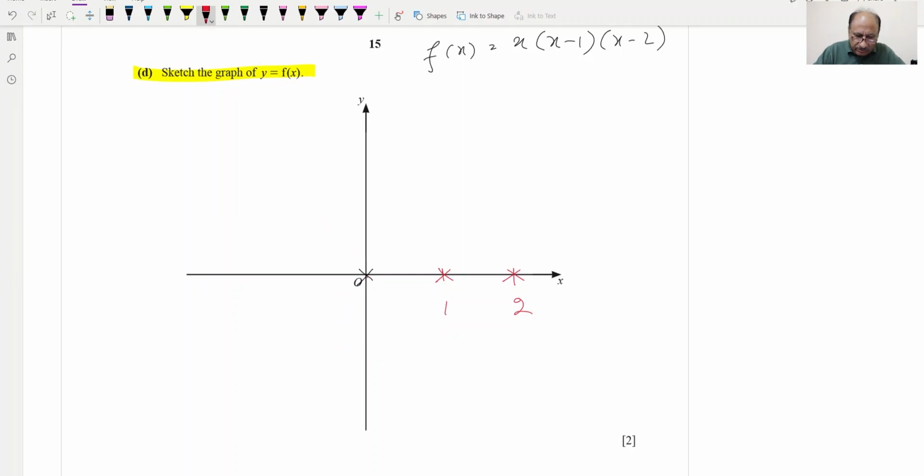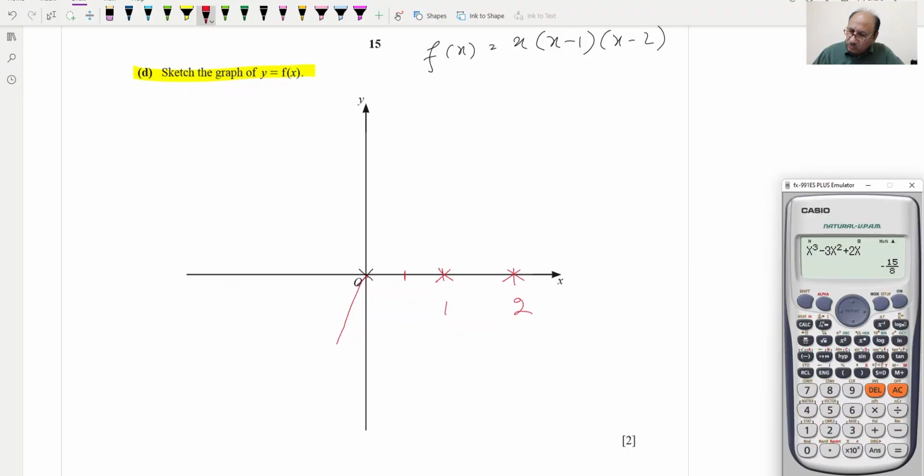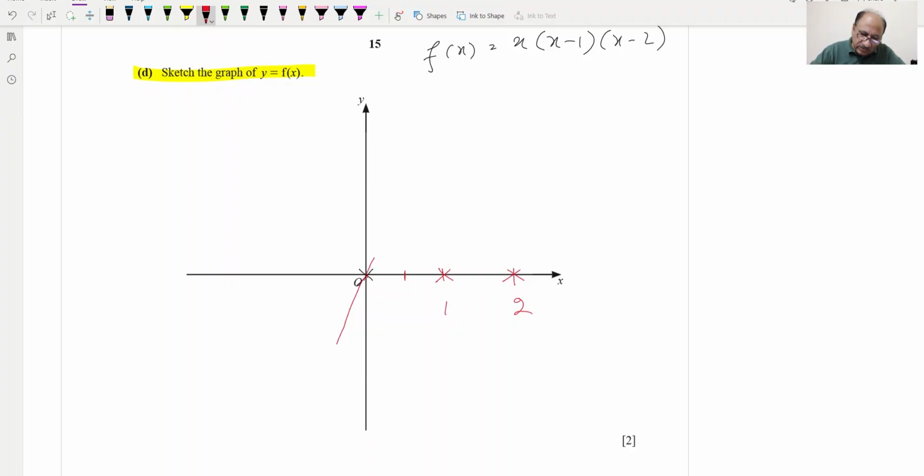So we are taking this side down, and in the middle we can take 0.5. Calculate for 0.5, in the middle it will be 0.375. And if we calculate for 1, this will be equal to 0. So it means it's curving like this.